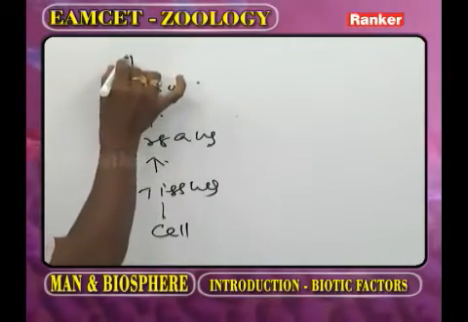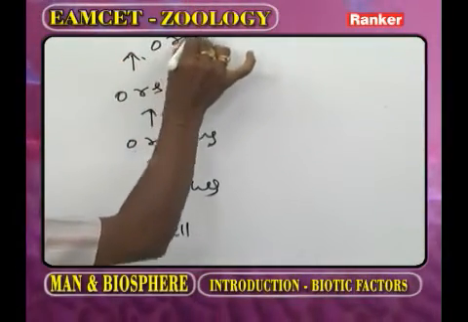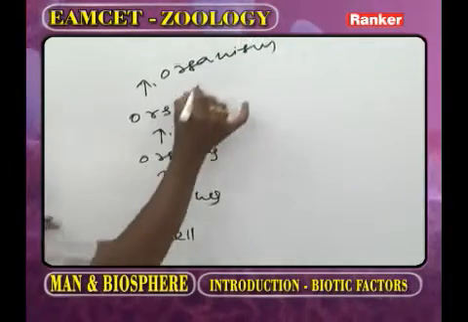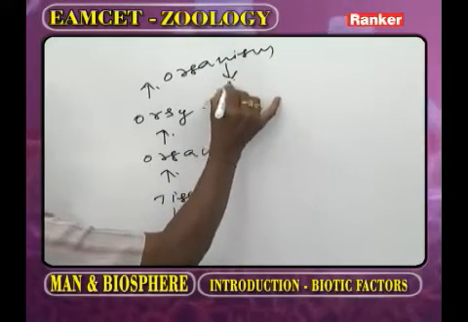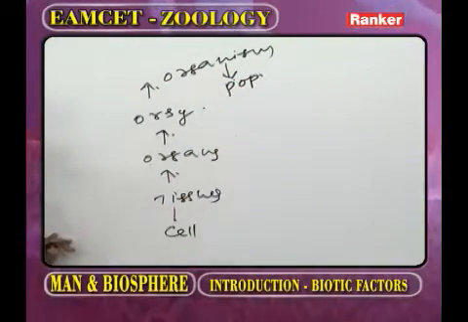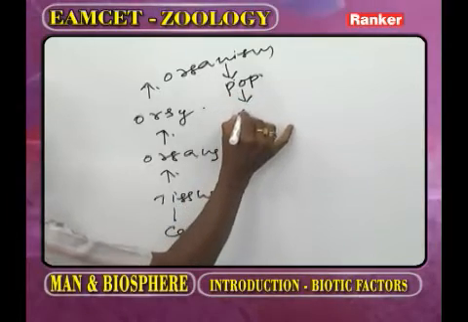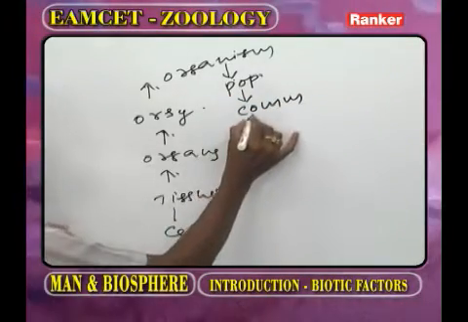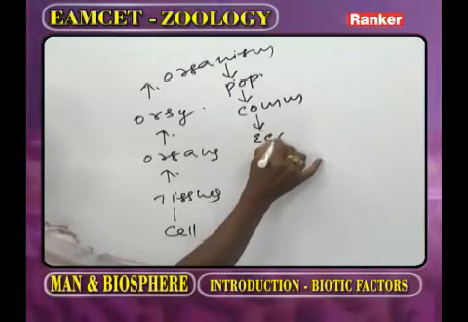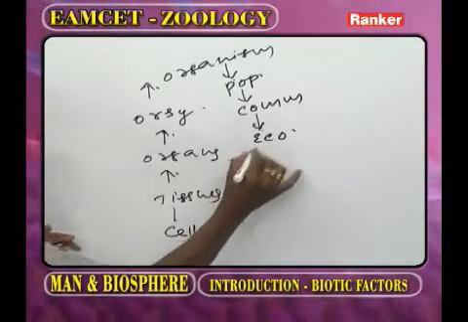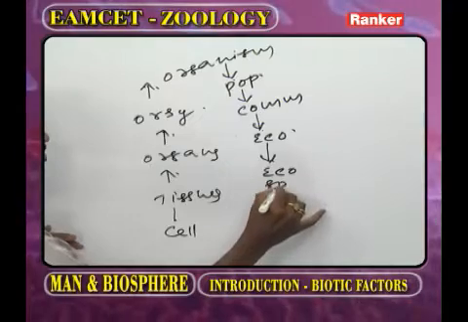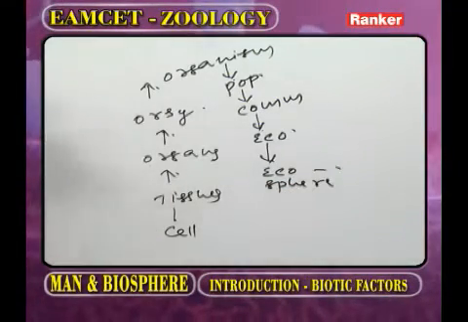The organ systems are united to form one organism. The organisms form a population. An assemblage of different populations we call a biotic community. An assemblage of different communities we call an ecosystem. An assemblage of different ecosystems, that we call the ecosphere or biosphere.